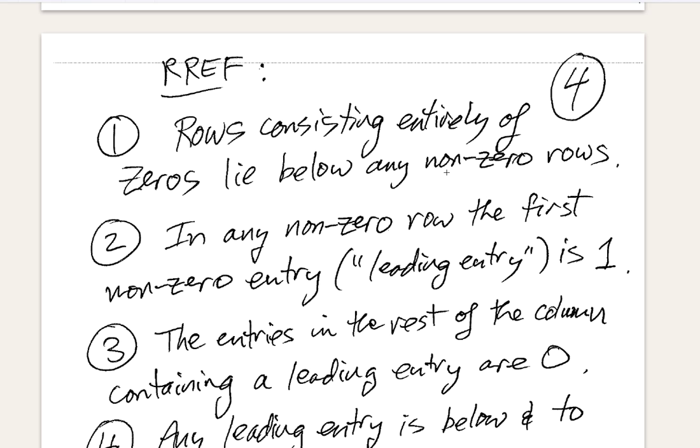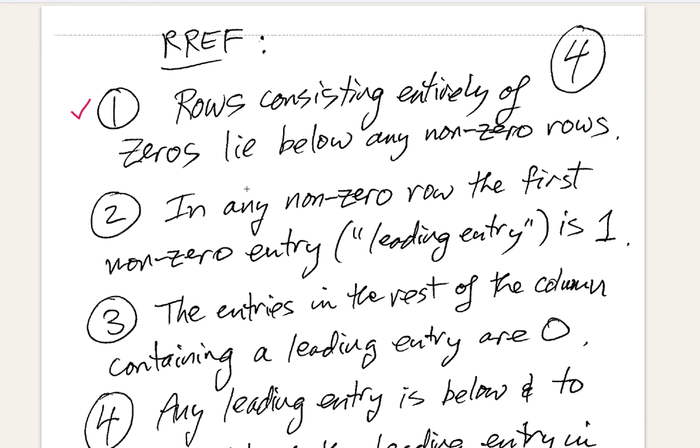So if I've got a row consisting entirely of zeros, that's got to be at the bottom. There might be multiple ones, but those have to be at the bottom, meaning below any rows that contain some non-zero elements. So zero rows at the bottom, just think of it that way.